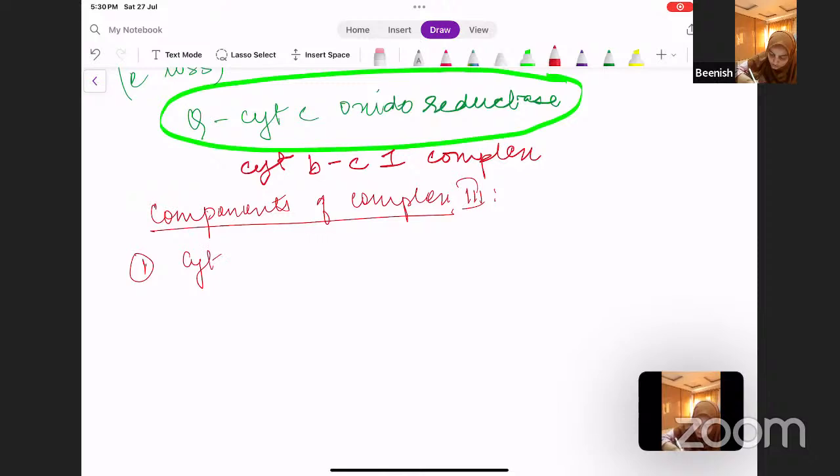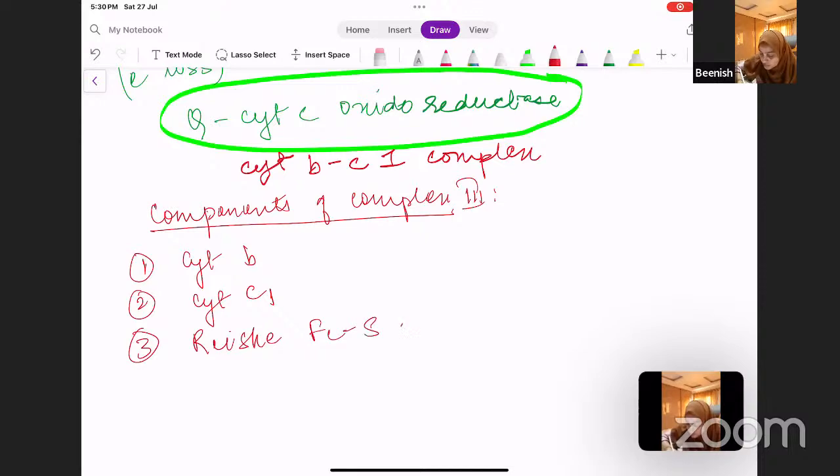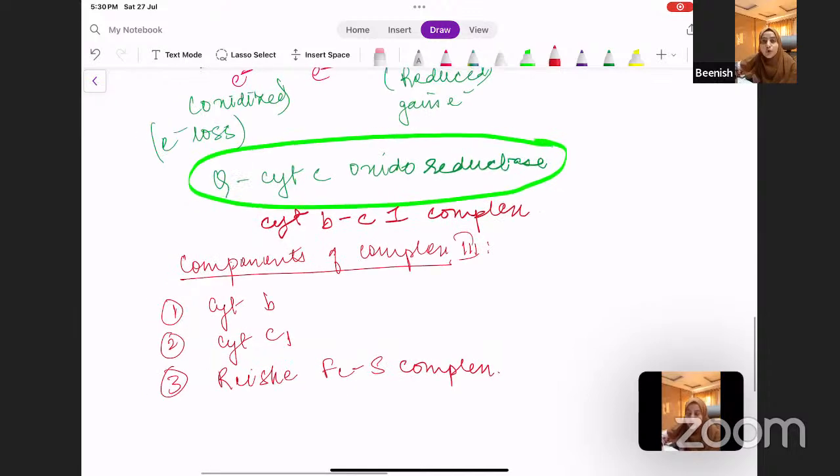It is cytochrome B, cytochrome C1 and Rieske iron sulfur complex. Okay, so these are your components of complex 3, that is cytochrome B, cytochrome C1 and Rieske iron sulfur complex. Therefore, this complex 3 is also known as cytochrome B C1 complex.